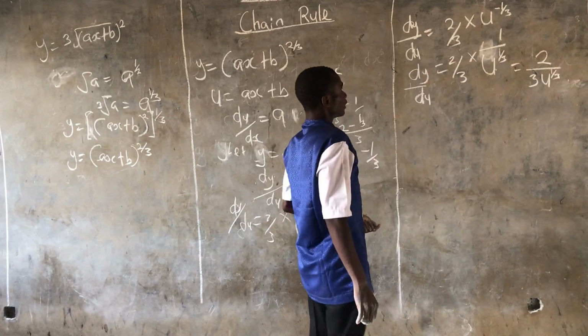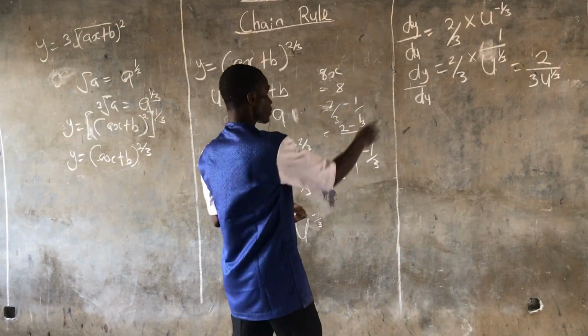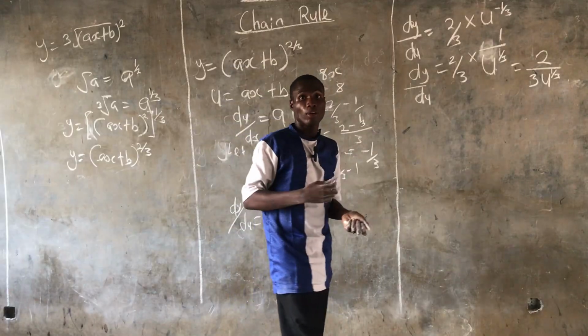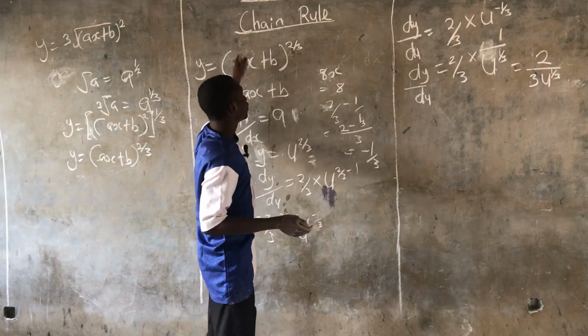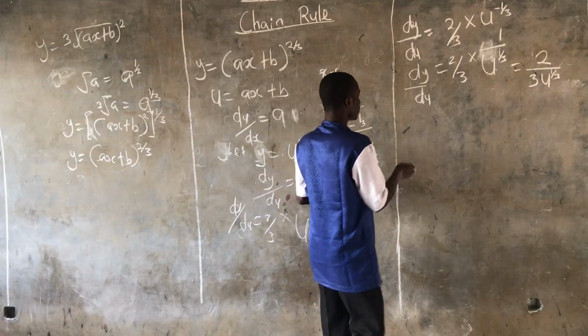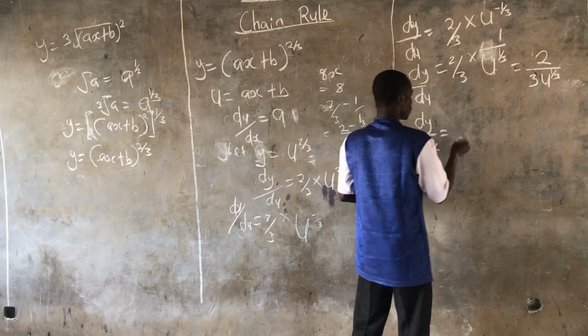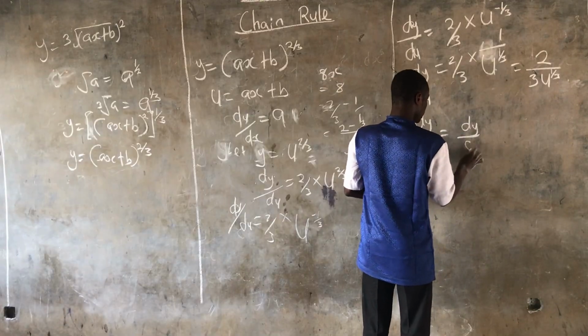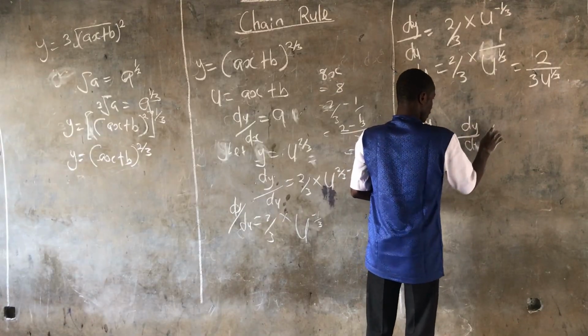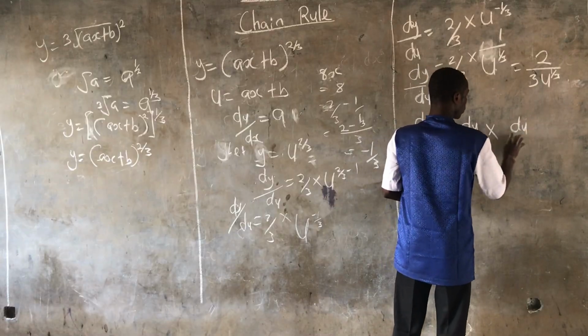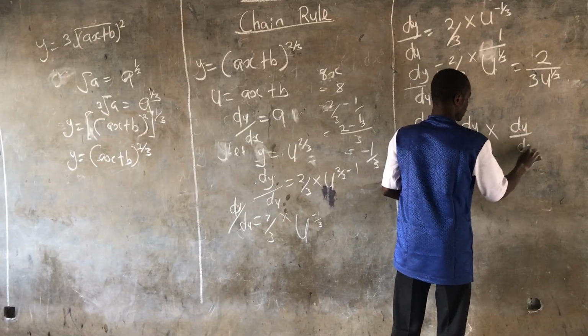So now getting to this point, let's apply our chain rule. Our chain rule says dy over dx is equal to dy over du times du over dx.